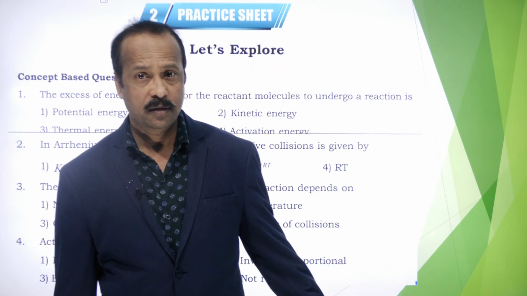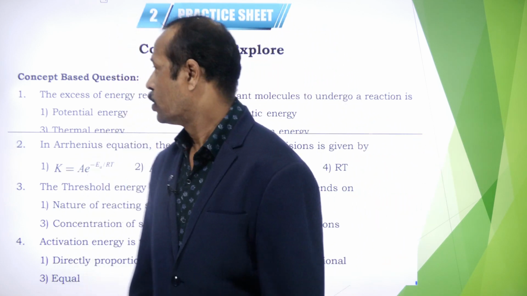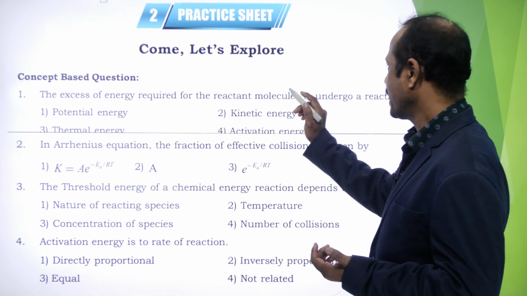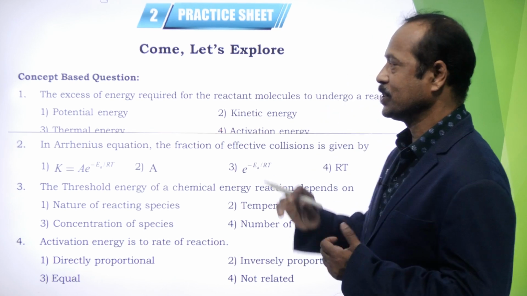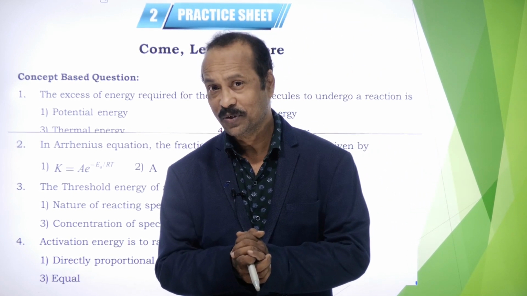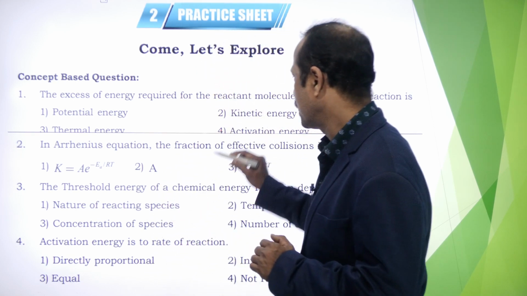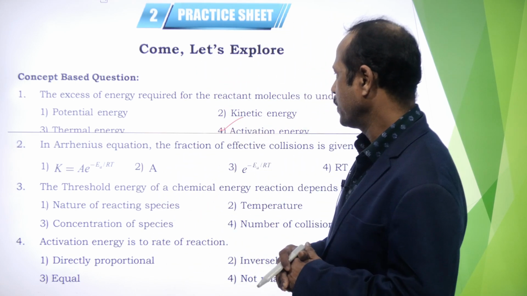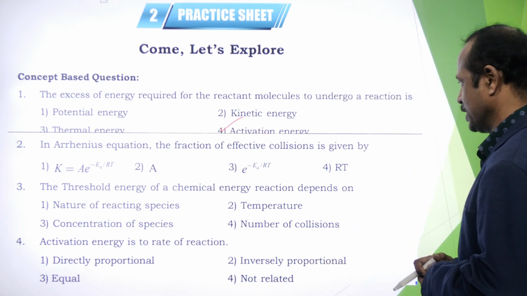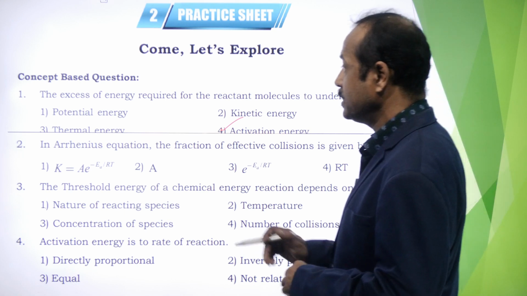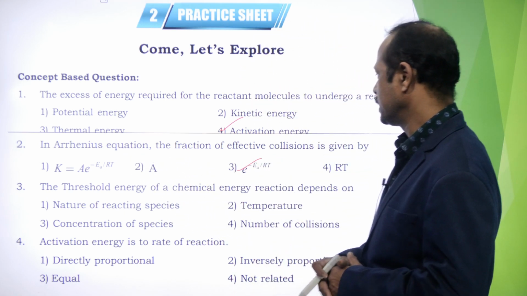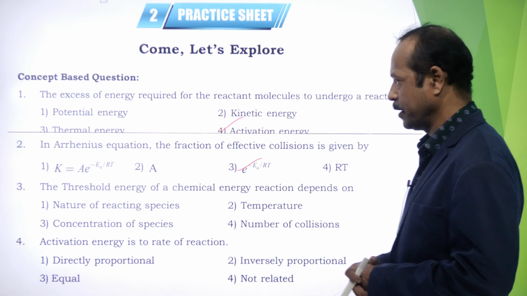Now see, the excess energy required for the reactant molecules to undergo a reaction is called what? Activation energy. Just now I told you, activation energy. So the answer is option 4. In the Arrhenius equation, the fraction of effective collisions is given by e to the power of minus Ea by RT.